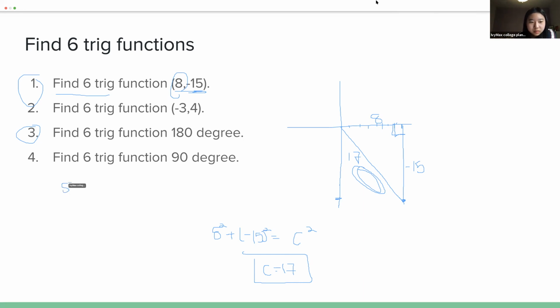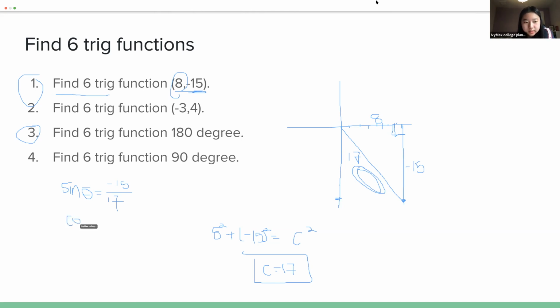So for sine theta, sine is negative 15 over 17, since sine is opposite over hypotenuse.